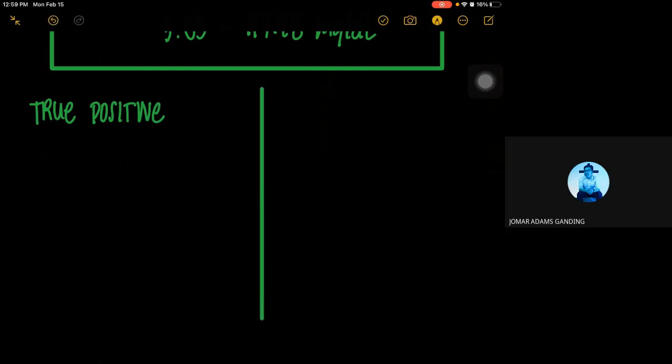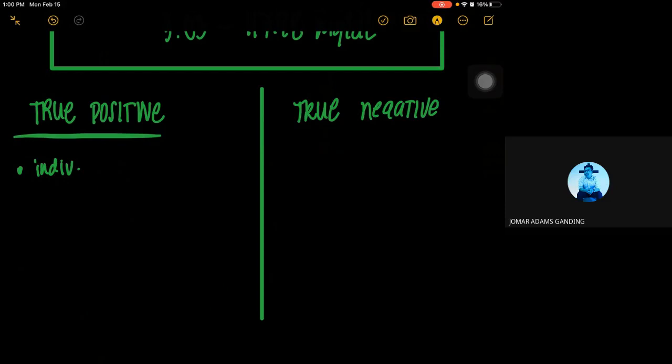True negative. So when we say true positive, these are individuals with the disease, and in the test, they are positive. So what do we mean by that?